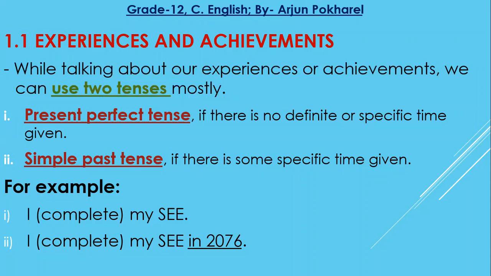Because of this specific time given in the sentence, we have to use simple past tense. We write the responses of these two examples as: I have completed my SEE in the first sentence, and I completed my SEE in 2076 in the second sentence.